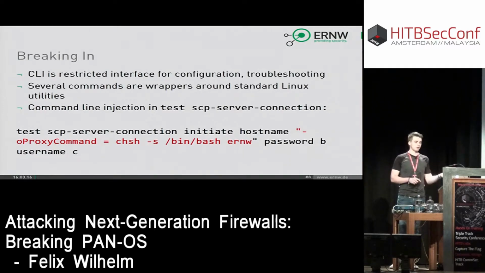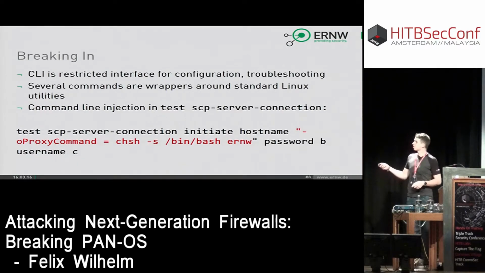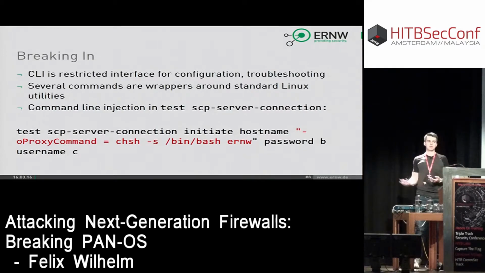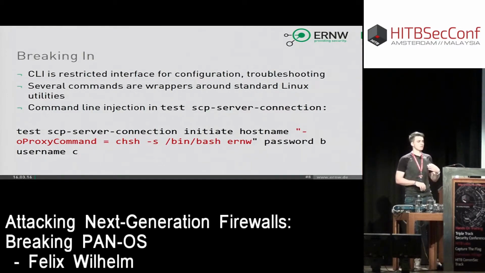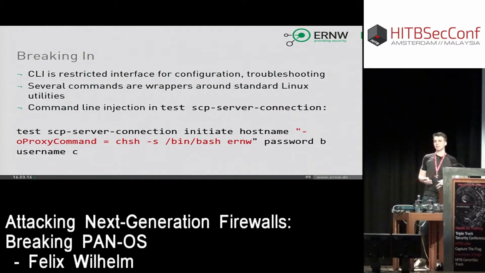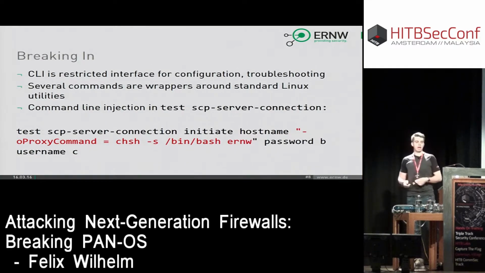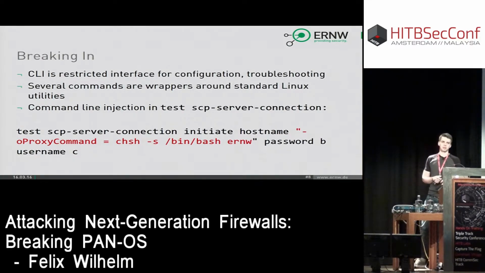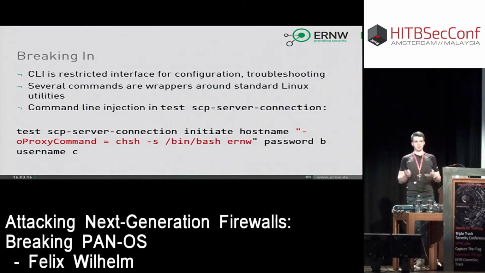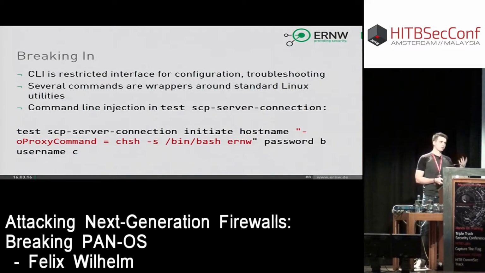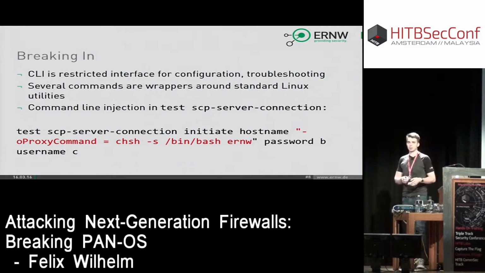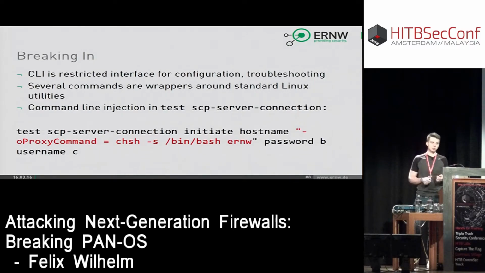So basically, if you call this test SCP server connection command, what happens on the underlying operating system is that the normal SCP Linux utility is called, and the arguments you pass in the Palo Alto shell interface will be passed down to this SCP command. In most cases, they correctly escape everything you can probably think about, like you can't use backticks or a pipe or something to inject arbitrary commands.